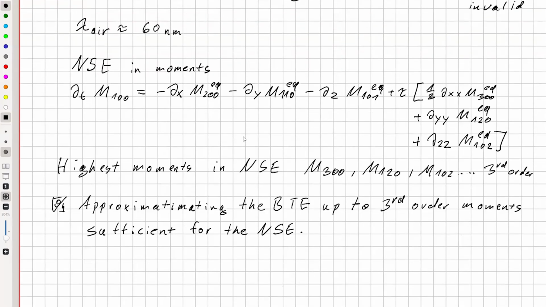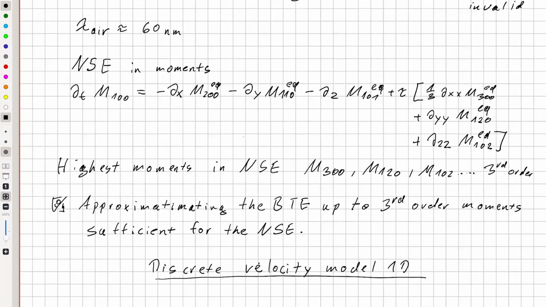So let's build a model that does this. We want to have a discrete velocity model, and because we are lazy, we start in one dimension.